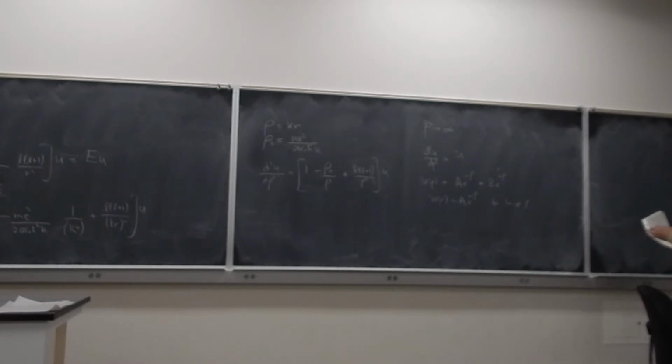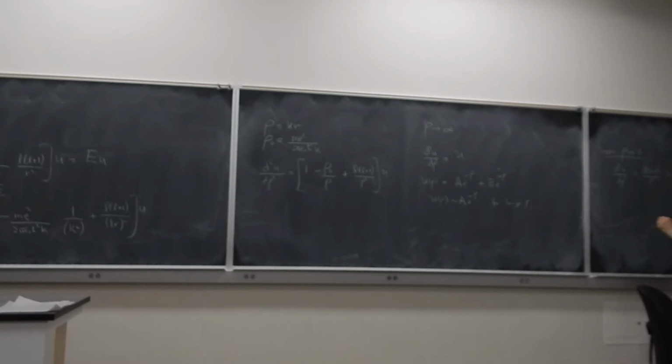Let's suppose rho approaches 0. So we'll look at it, instead of going to infinity, let's let it approach 0. If that's the case, the centrifugal term in the radial equation dominates. We get the second derivative of u with respect to rho equal to l times (l plus 1) divided by rho squared times u.